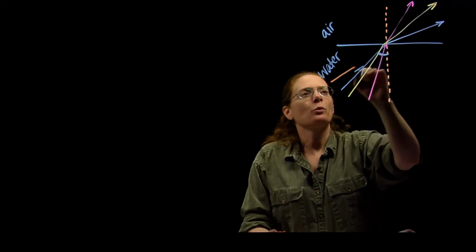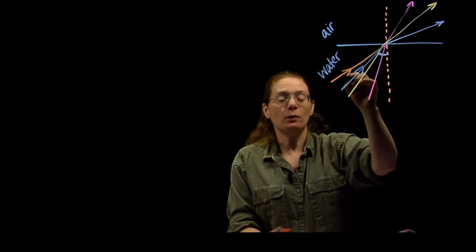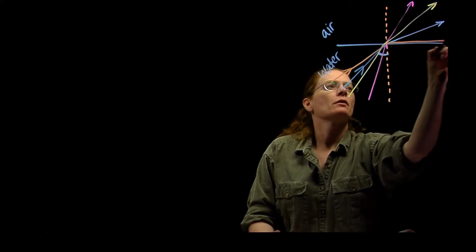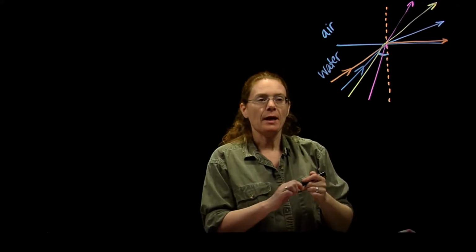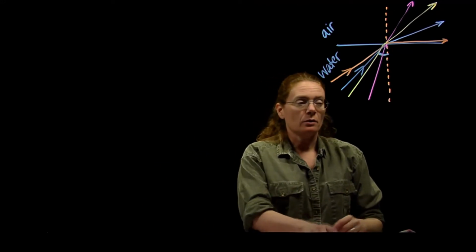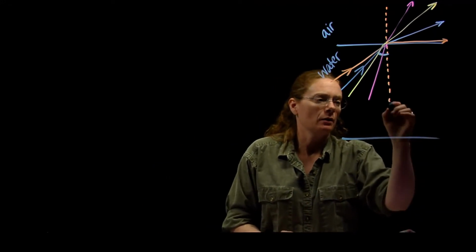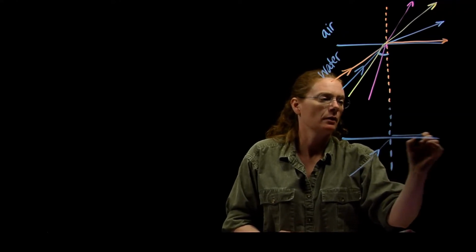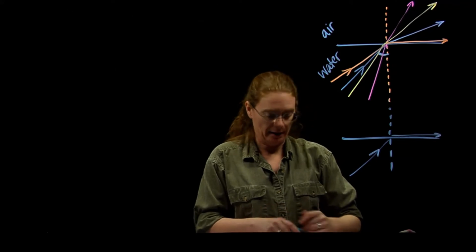At some point, we're going to hit an angle in water where it bends so much it comes out at 90 degrees. That is a very special angle called the critical angle. So the critical angle is when the light that comes out is coming out right at 90 degrees.